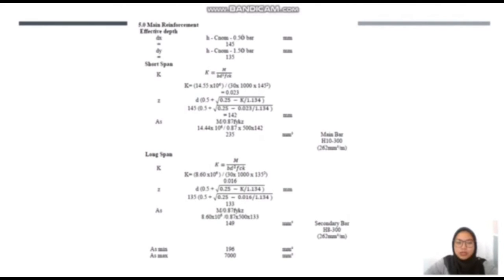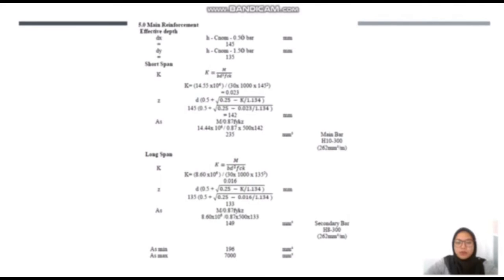And then calculate z. The formula is d multiplied with 0.5 plus square root 0.25 minus k divided by 1.134, and we get the answer is 142 mm. For As, the formula is M divided by 0.87 fyk z, and answer is 235 mm square.